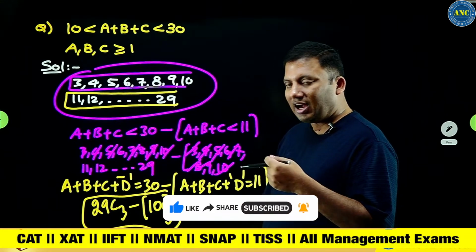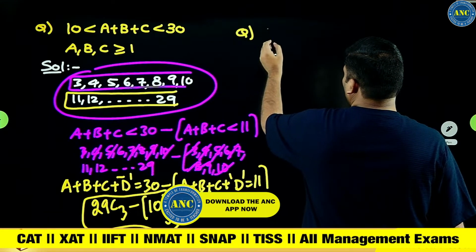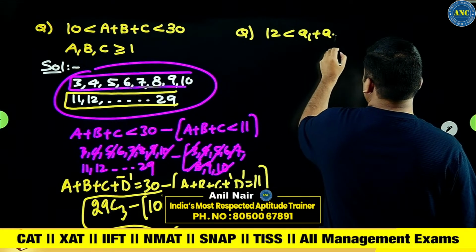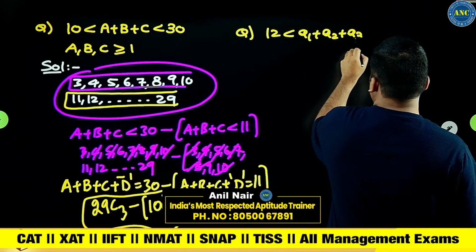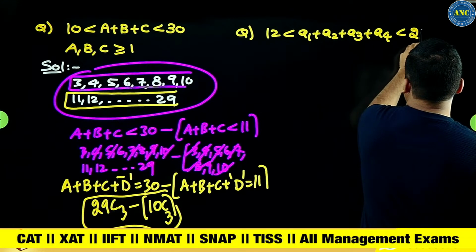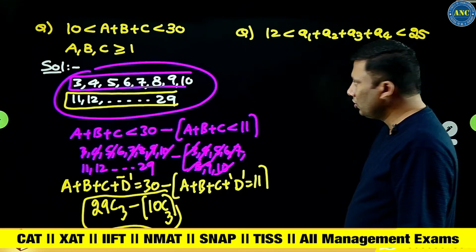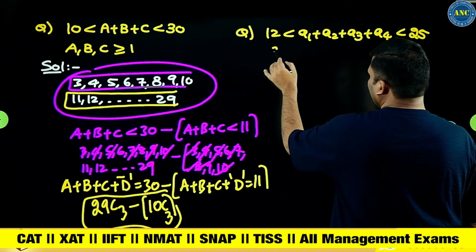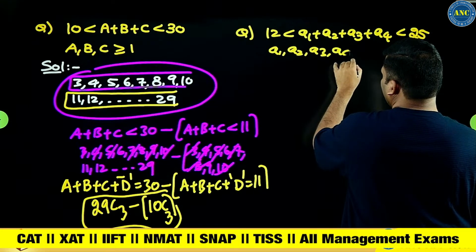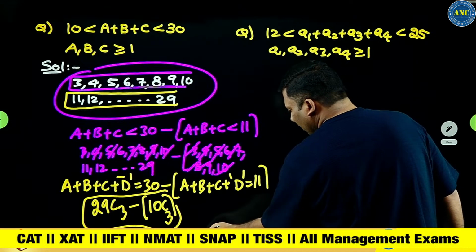Since it is an advanced level question, I will do one more. 12 less than a1 plus a2 plus a3 plus a4 less than 25, where a1, a2, a3, a4 are greater than or equal to 1.